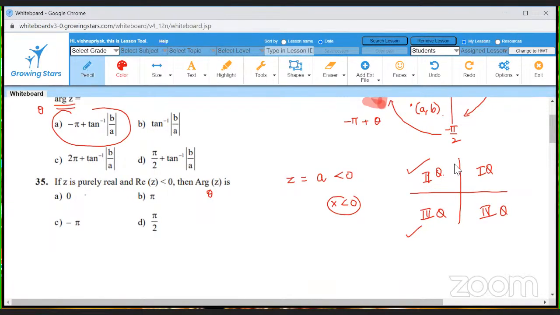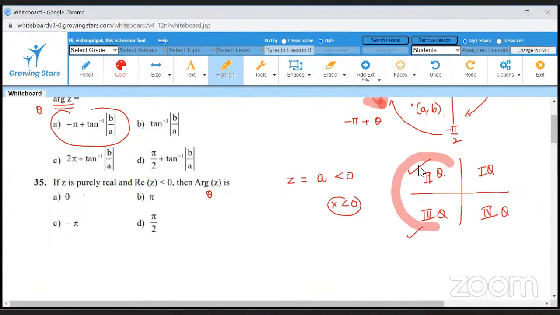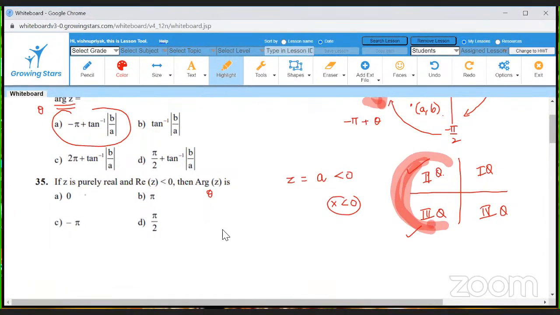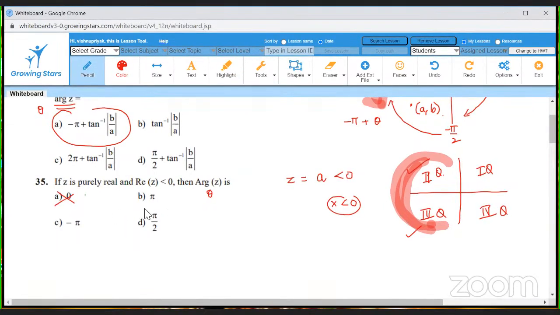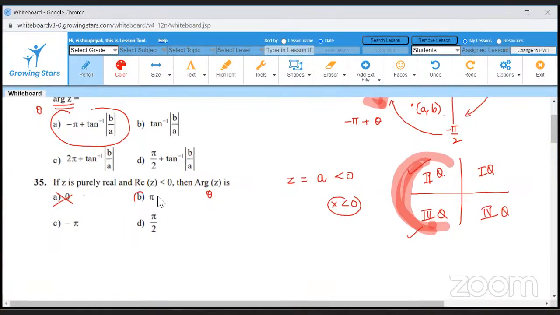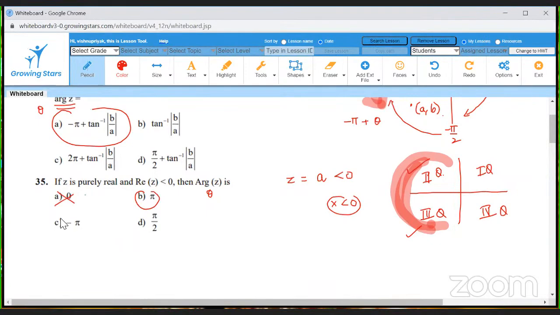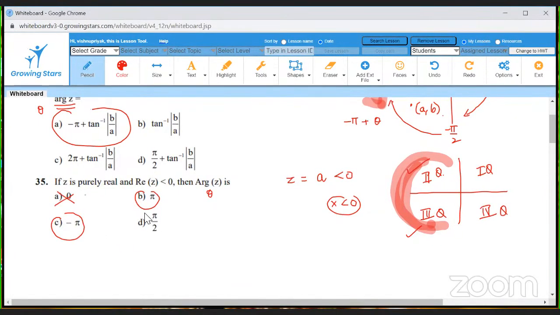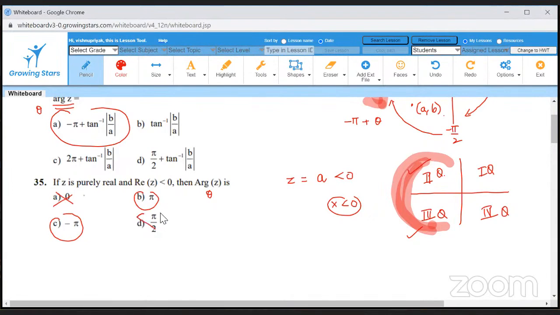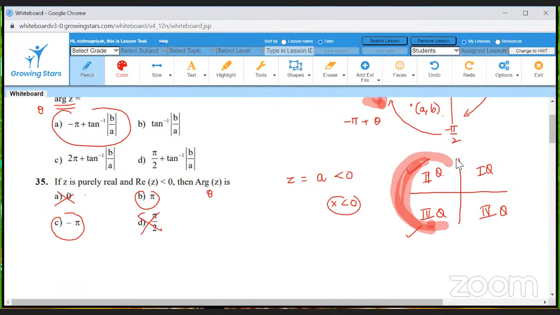No. So x negative means these two quadrants, second quadrant and third quadrant. 0 can't be in the second or third quadrant. Coming to pi, we have chances. And D, pi by 2 is not in the second quadrant or third quadrant.